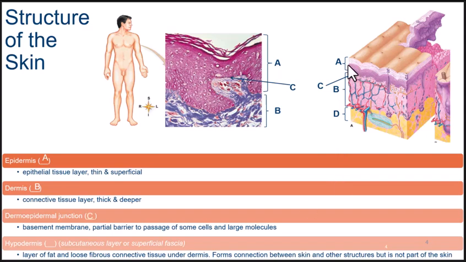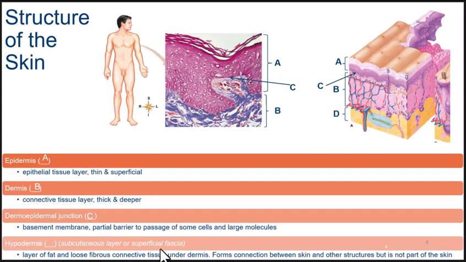The area where the cells of the epidermis meet with the cells of the dermis is called the dermoepidermal junction, which is a handy name for that area where two components join. This is where your basement membrane is found. The basement membrane of a structure will separate the epithelial layer that has all of your epithelial cells that make up the tissue from the connective tissue beneath it.